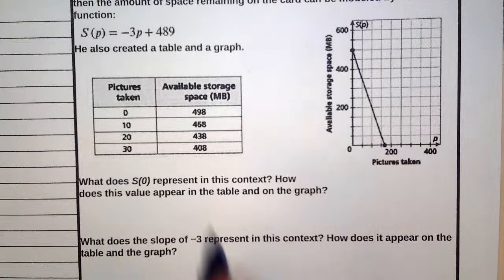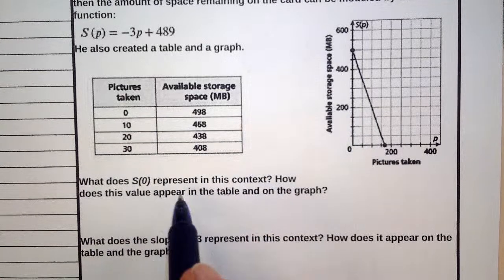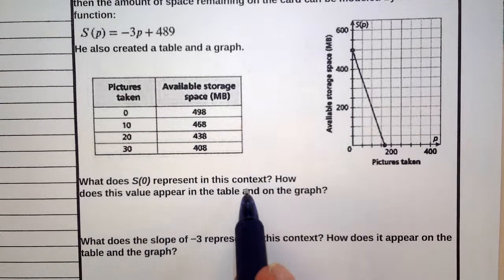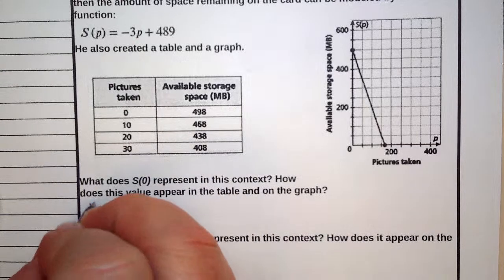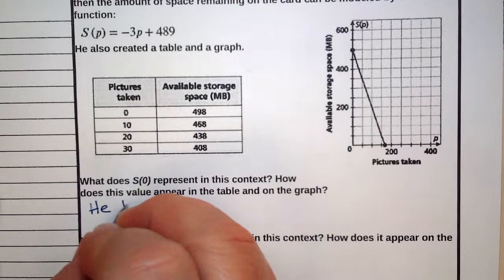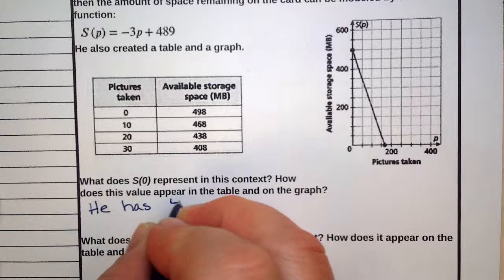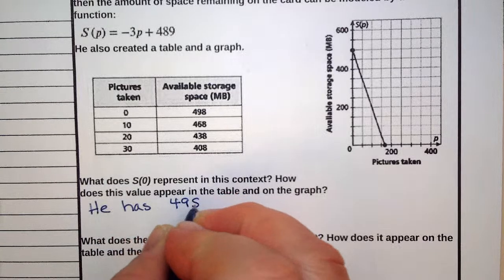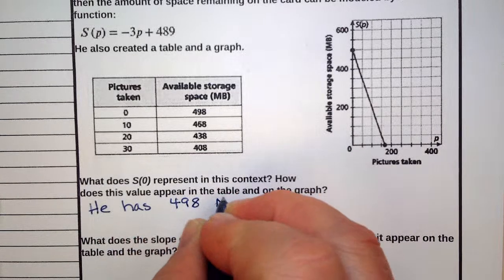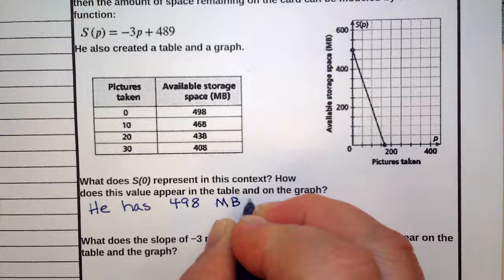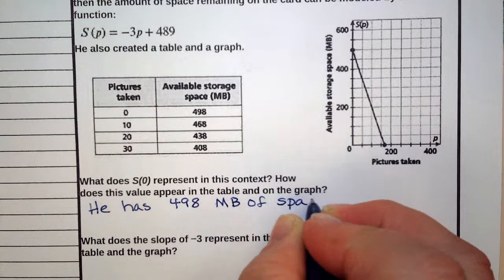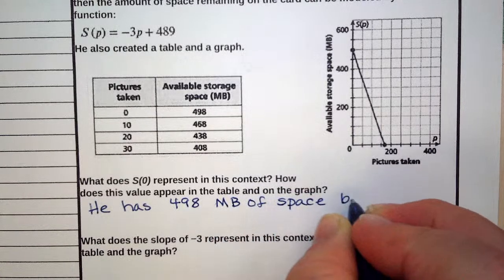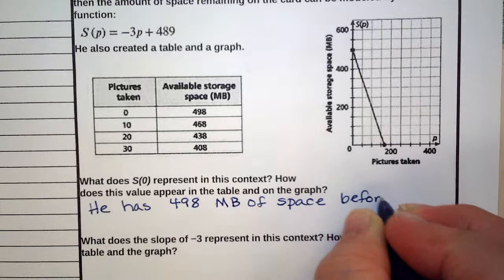Okay, S of 0 is the amount of space before any pictures are taken. He has 489 megabytes of space before any picture is taken.